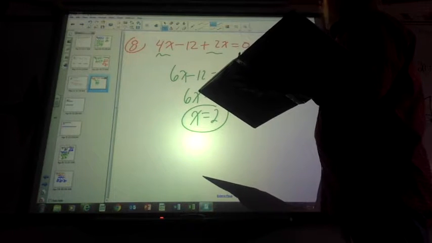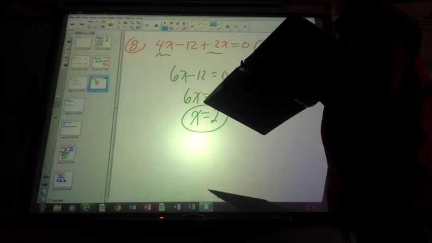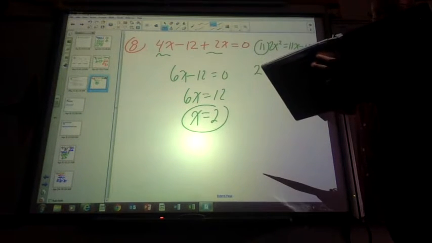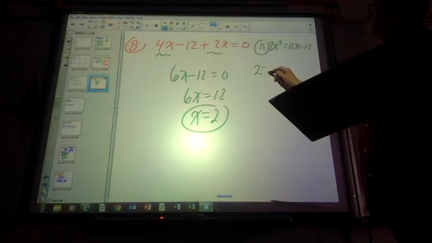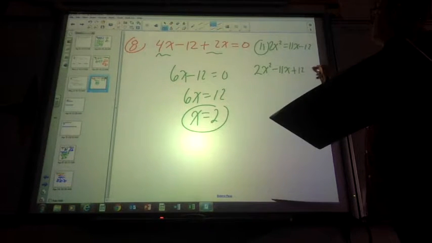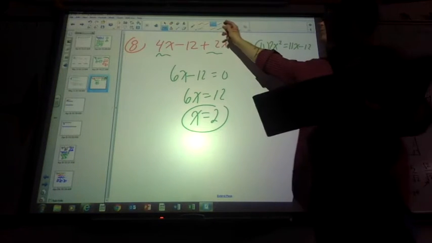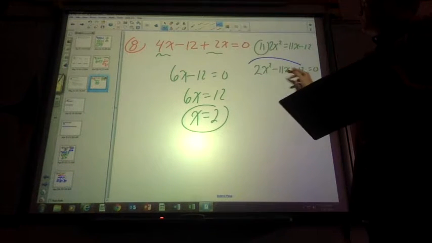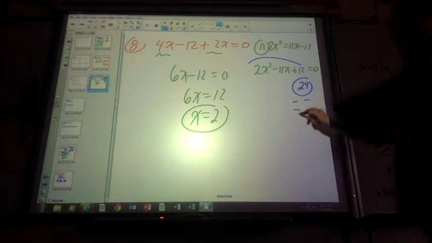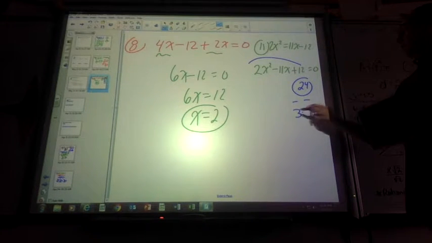2x squared equals 11x minus 12. I want one side equal to 0, so I'm going to make that side equal to 0. So I'm going to get 2x squared minus 11x plus 12 equals 0. And then, of course, you can do your magic number saying, hey, my magic number is 24. Both sides have to be negative. 3 and 8 are the two that work.